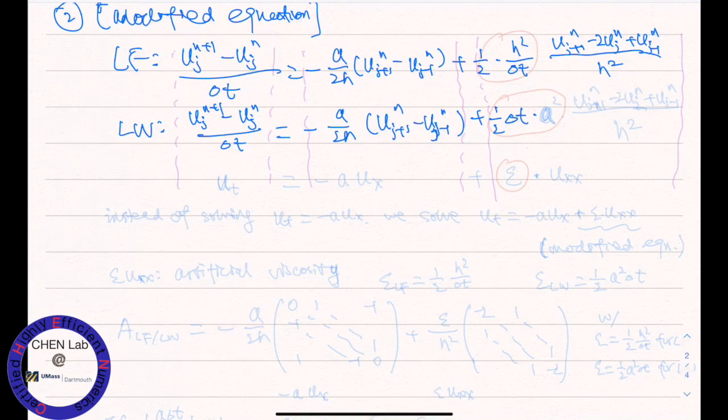We write the divided by h squared with the other three terms, u_(j+1)^n minus 2u_j^n plus u_(j-1)^n.